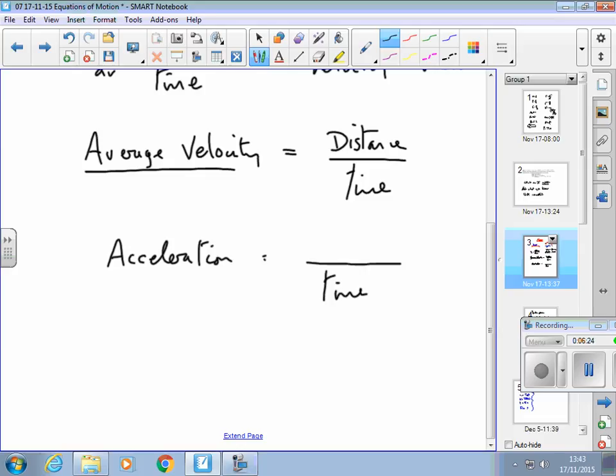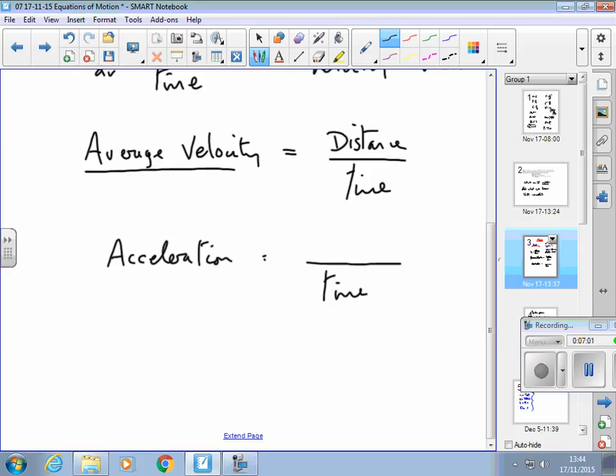Distance over time, that's average velocity. If it's accelerating, what's happening to its speed? Yeah, increasing. Or could it be decreasing? Would it still be an acceleration? Yeah, it would. The word acceleration means it could be increasing or decreasing, positive or negative. Deceleration is a word we sometimes use to mean reducing, but acceleration means both. You can have a positive and a negative acceleration.